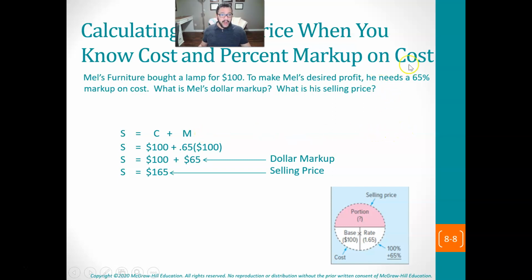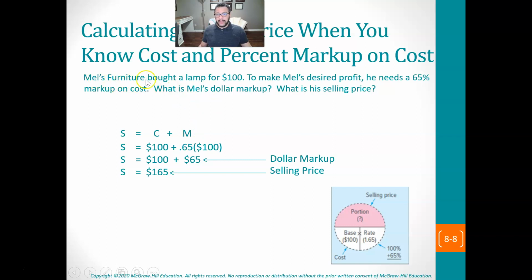And this is marked up on cost. So that means that our rate is always going to be applied to our cost, right? So if you look at this formula and just start filling it in, right? So it's price equals cost plus markup or margin.